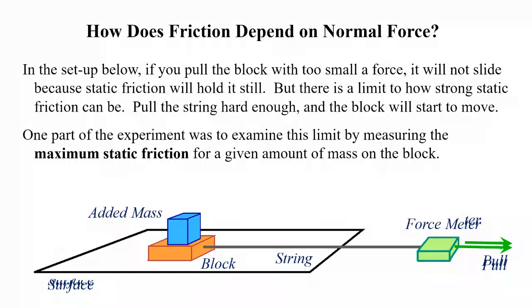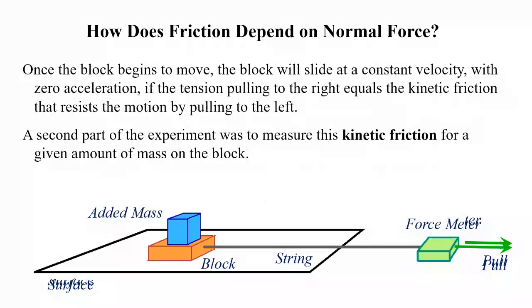One part of the experiment was to examine this limit by measuring the maximum static friction for a given amount of mass on the block. Once the block begins to move, the block will slide at a constant velocity with zero acceleration if the tension pulling to the right equals the kinetic friction that resists the motion by pulling to the left.